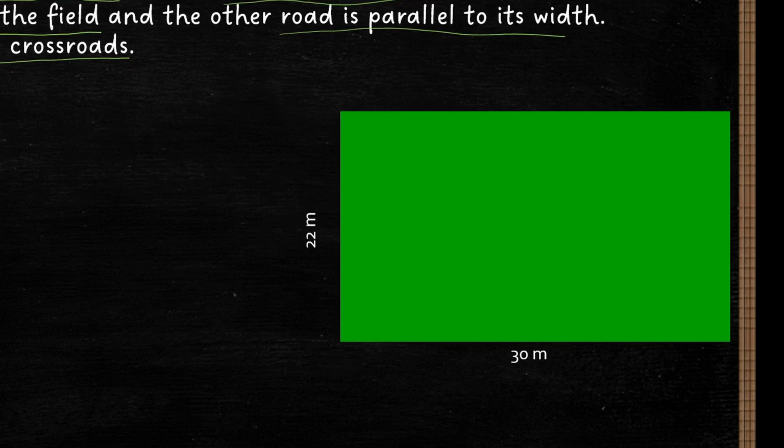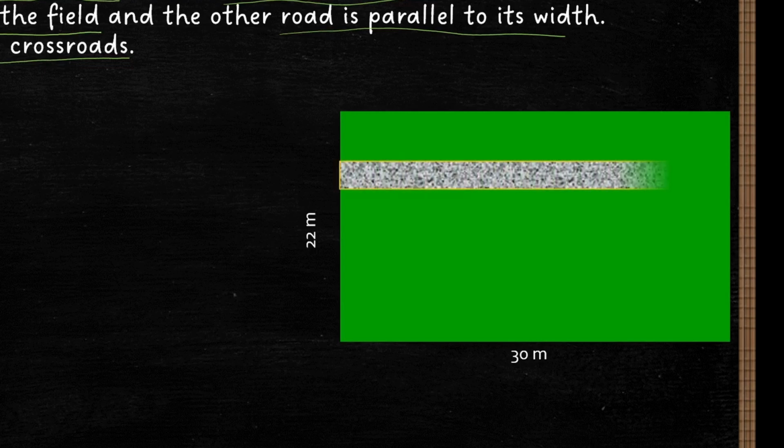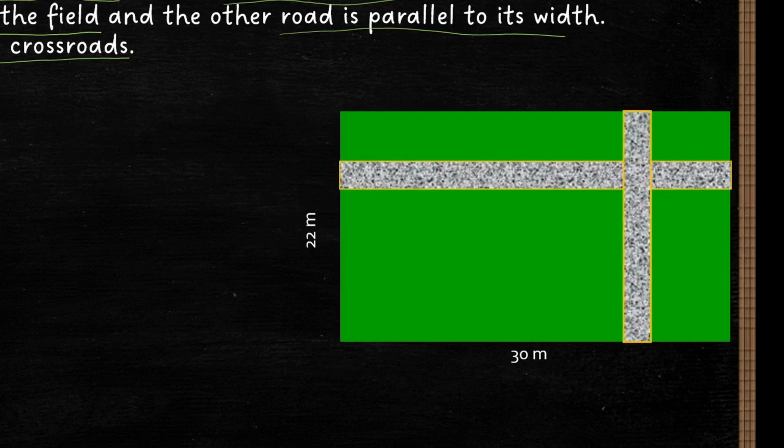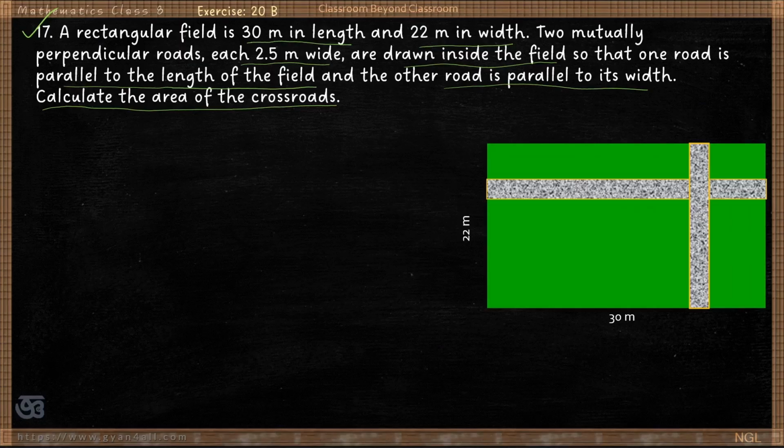So inside this field we have to construct two roads, and the horizontal road is parallel to the length of the rectangle and the vertical road is parallel to the vertical side of the rectangle. So these are the two roads, and we have to calculate the area of these crossroads.